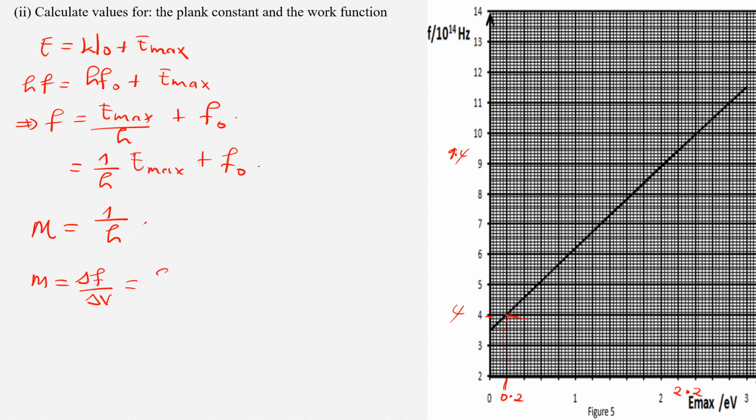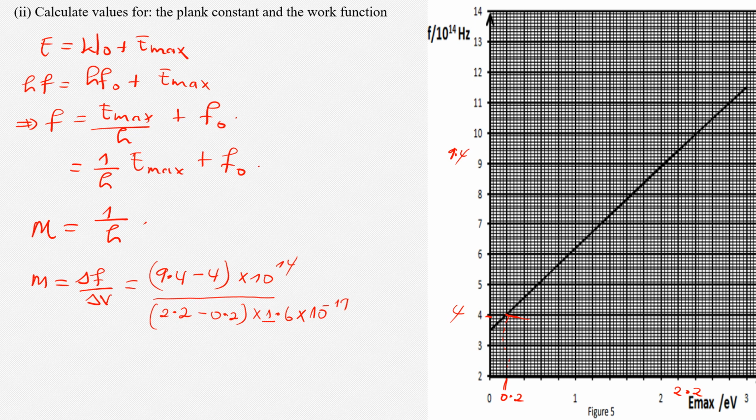So the gradient will be 9.4 minus 4. Let's not forget the multiplication factor, times 10 raised to the power 14. All of this divided by the variation in E. So that's 2.2 minus 0.2, all of these times 1.6 times 10 raised to the negative 19, to convert to joules. Okay, so let's do the numerical application.